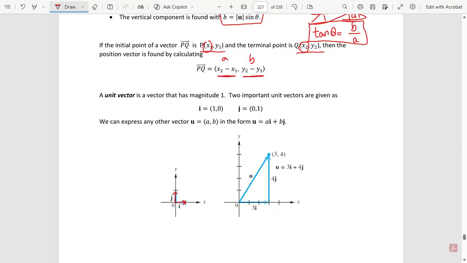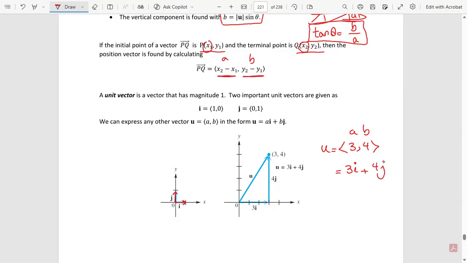That's why if you have the vector components, for example, you say vector u is (3, 4), you have the vector components a and b. That means the x value is 3. 3 is the horizontal component. So the horizontal component can also be shown by 3i. And 4 is the y value, which means 4j.